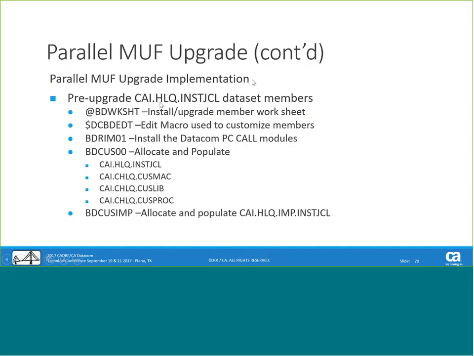So the parallel upgrade implementation phase. Once you've actually done the conversion, the pre-upgrade of the INS members is called cust IMP. It allocates and populates an IMP INST-JCL. That's for doing the re-implementation of your converted or upgraded resources that are in the parallel environment back into the original.